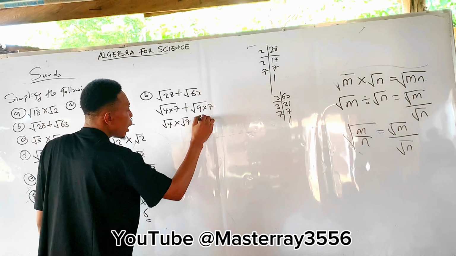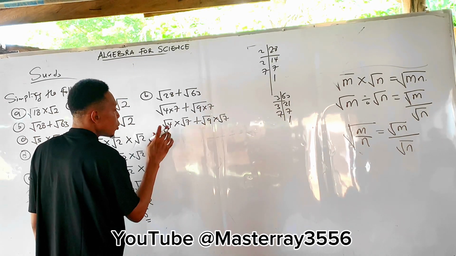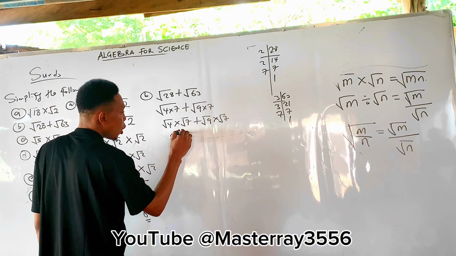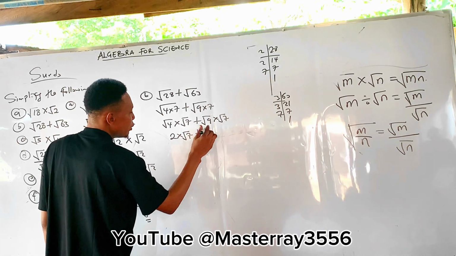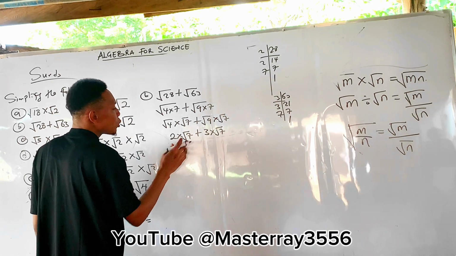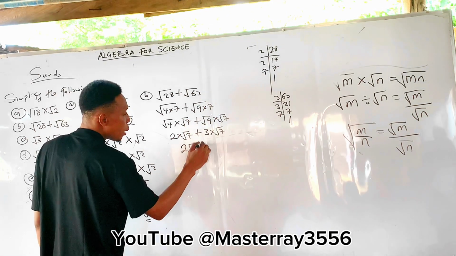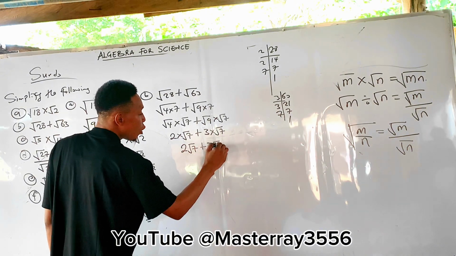Then plus square root of 9 times square root of 7. Square root of 4 is 2, that is 2 times square root of 7. Then 2 times square root of 7 is 2 root 7. Then plus 3 times square root of 7, 3 root 7. Are you following?